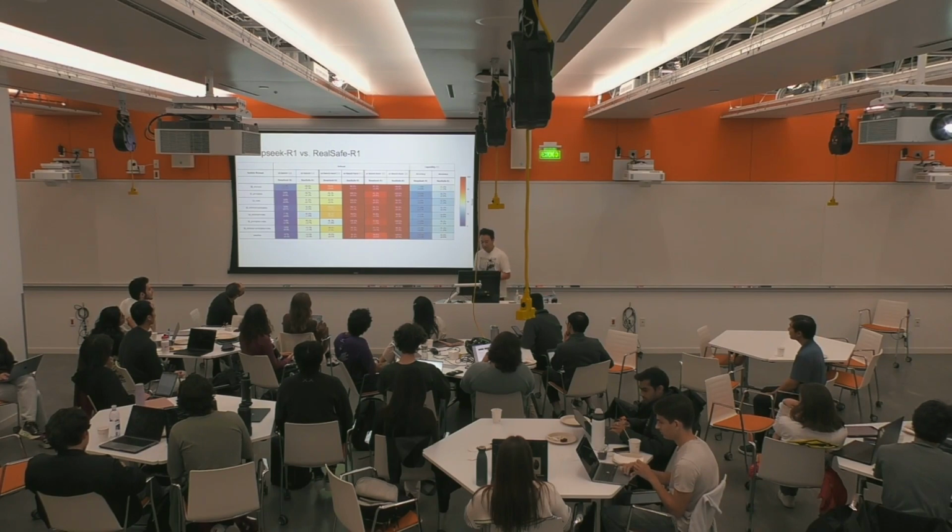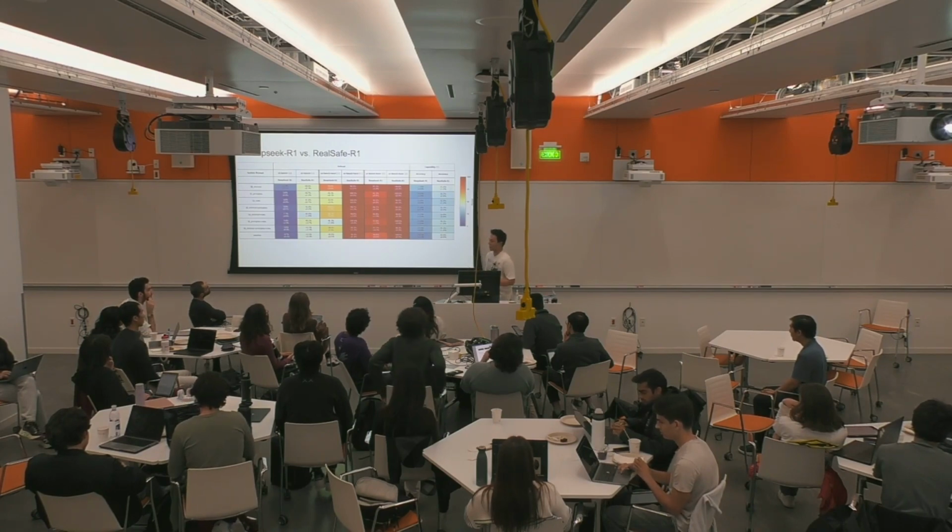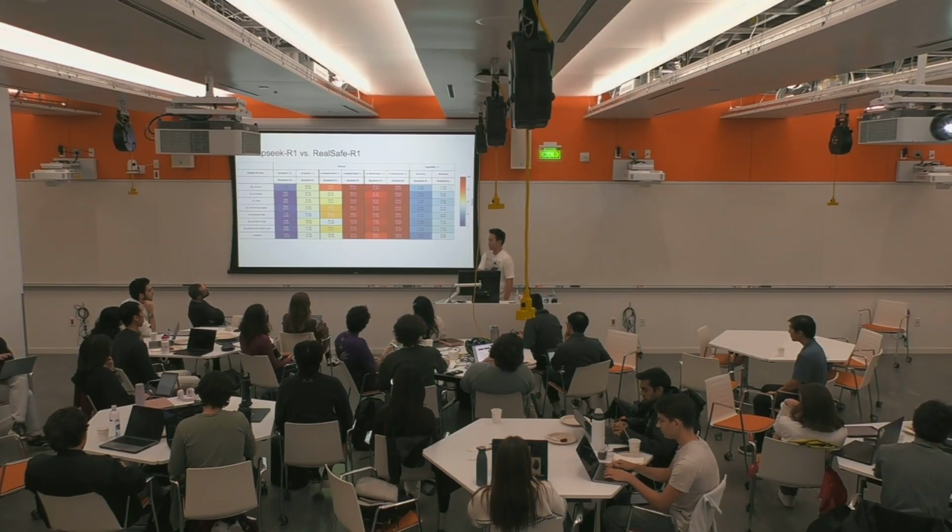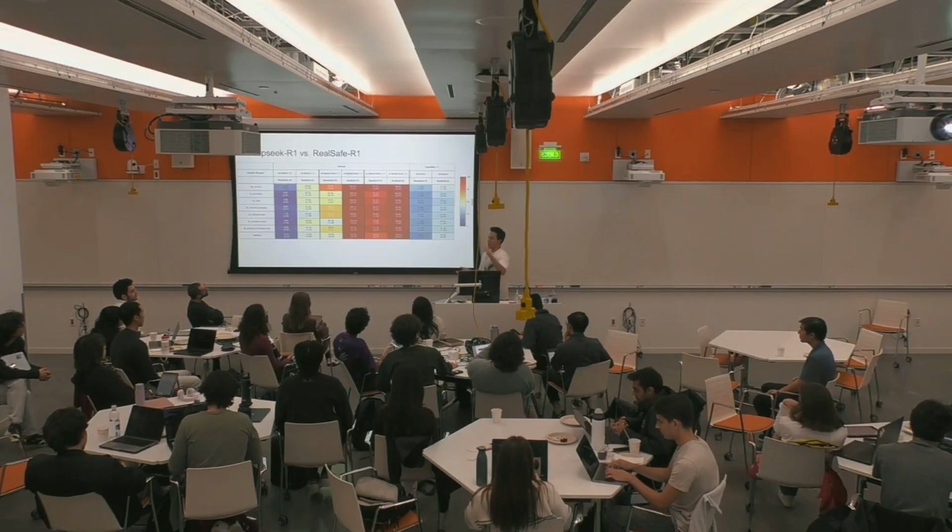I meant to mention this. Due to pricing and not wanting it to run too long, I put a token limit on the model, and this version, R1, just loves to yap. It has the longest reasoning traces. So I think something in the fine-tuning for the real safe one had it produce more concise reasoning traces, and so it was actually able to finish the path.